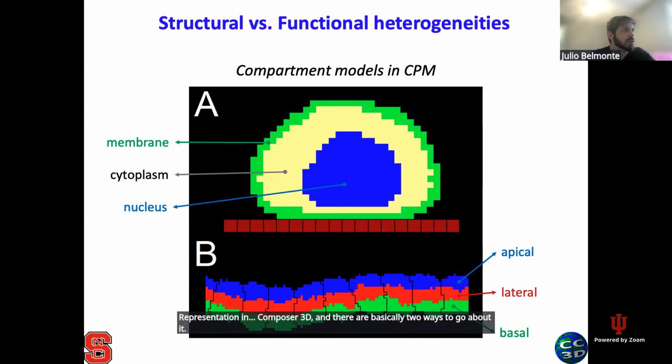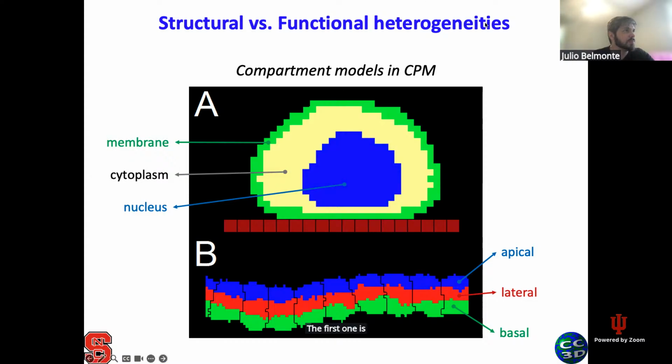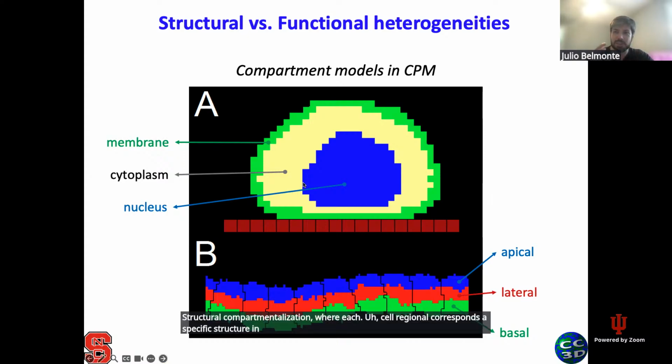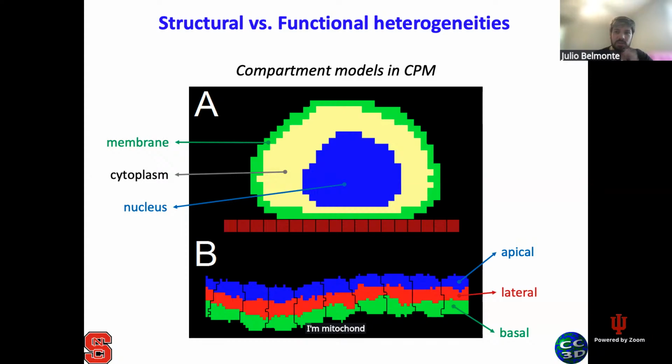The first one is using structural compartmentalization, where each cell region corresponds to a specific structure in our cell, like the membrane, the cytoplasm, the nucleus, the mitochondria, some vesicles inside the cell.